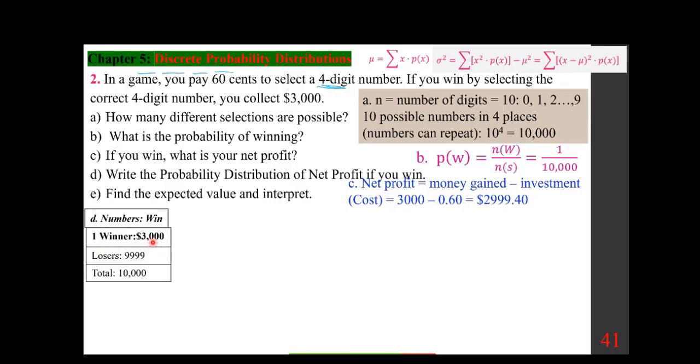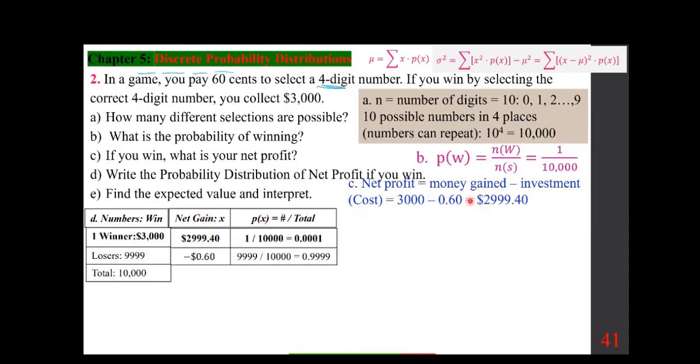And the rest, 10,000 minus 1, 9,999 will lose. And the total is 10,000. Now, net gain for the winner is this amount. We just calculated, right? But what about the rest? The rest would be 60 cents with a negative sign. I can't emphasize the importance of writing this properly, including the sign, negative 0.6.